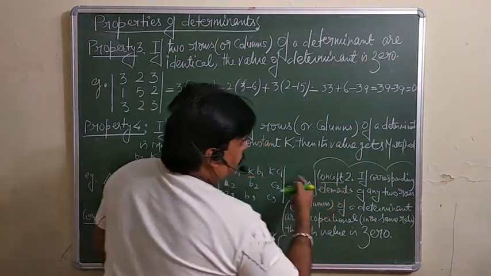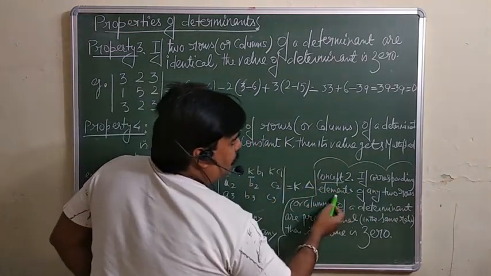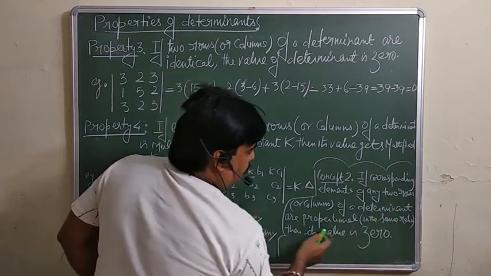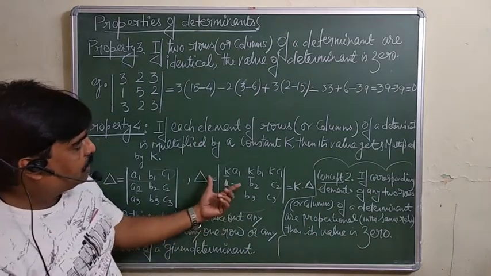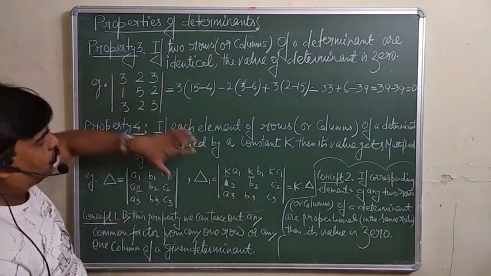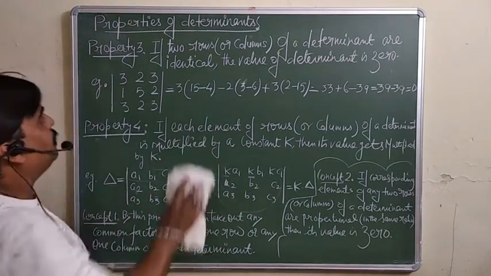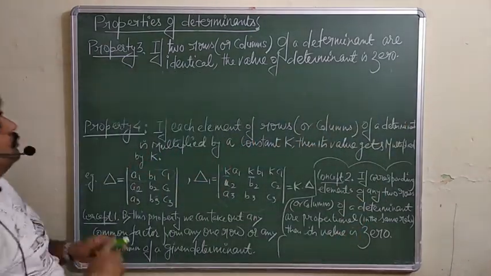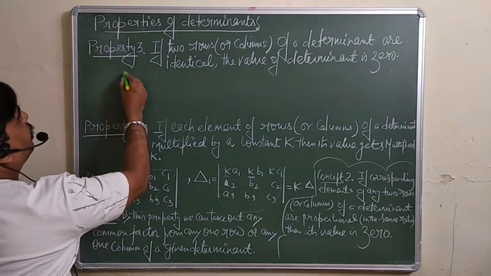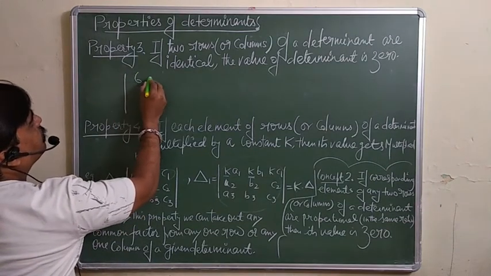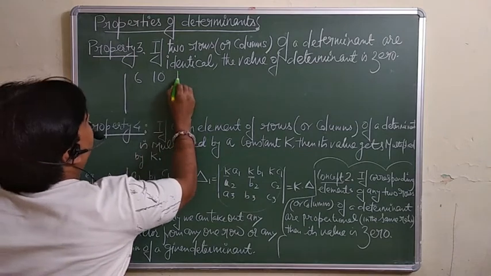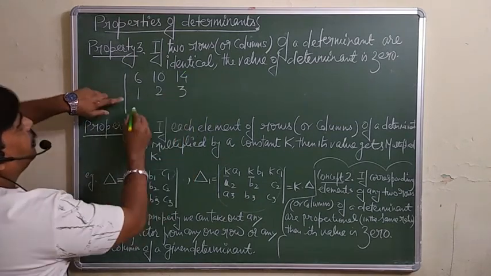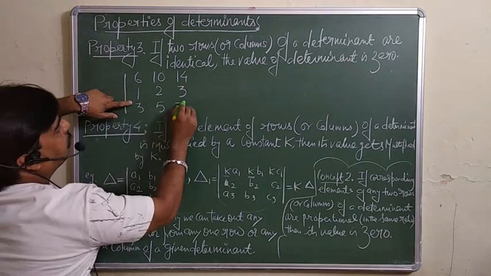The second concept with the same property is, if corresponding elements of any two rows or columns of a determinant are proportional, then the determinant is 0. For example, suppose here we take 6, 10 and 14, and here 1, 2, 3, and here 3, 5 and 7.